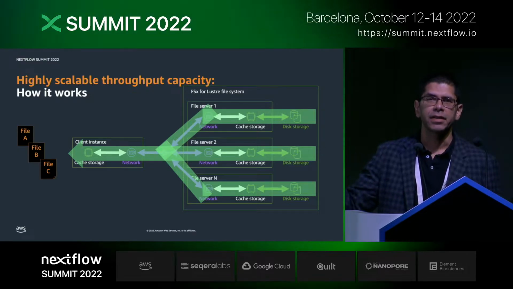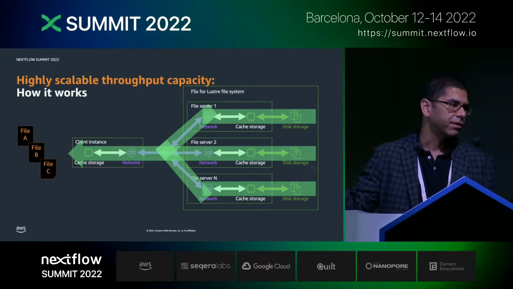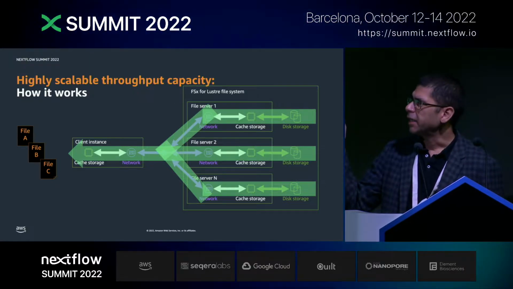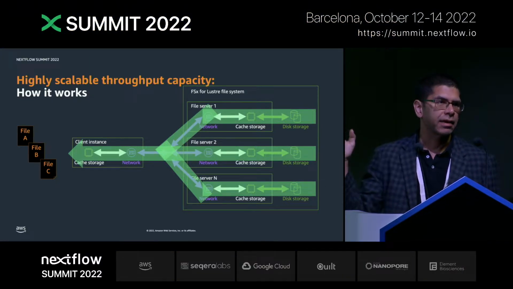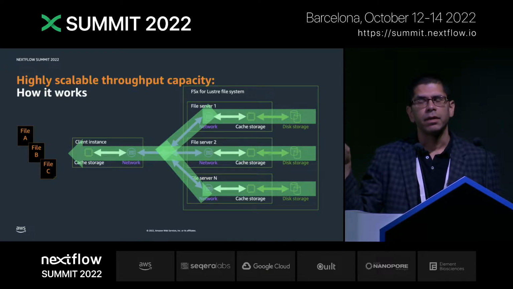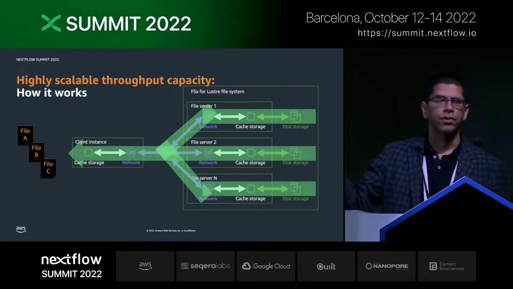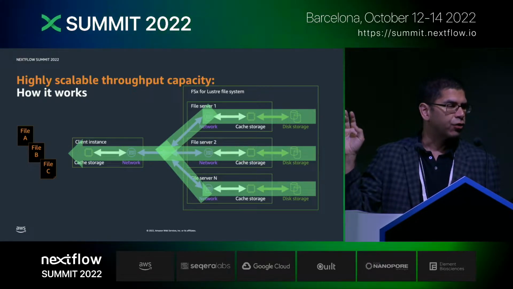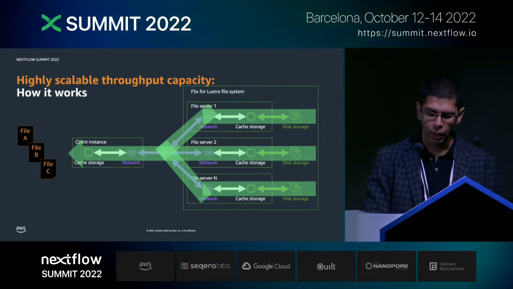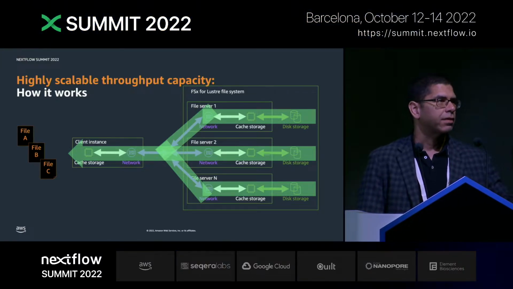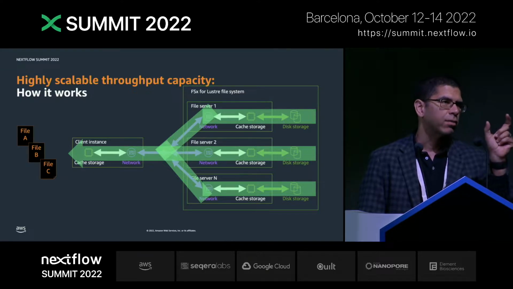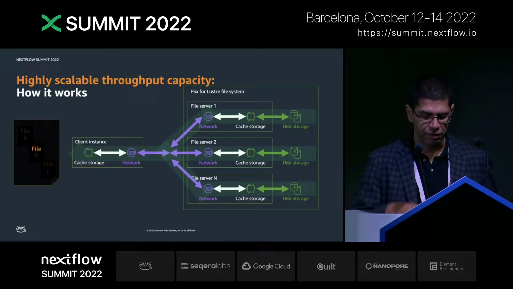This is not magic. This is literally how all file systems work at scale, and they do slightly different things to optimize for read, write performance, random read, write performance, or stream processing, whereas object stores are really tuned for stream processing. But POSIX file systems and other file systems that are high performance for HPC are tuned for very small block random read writes on what you consider a file.